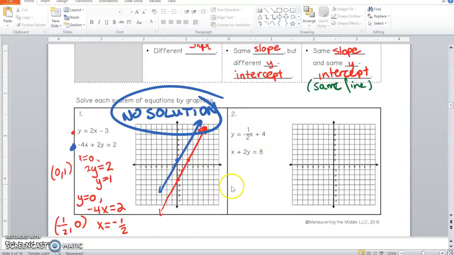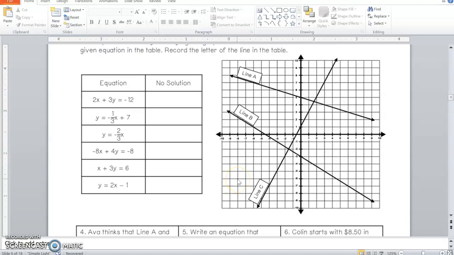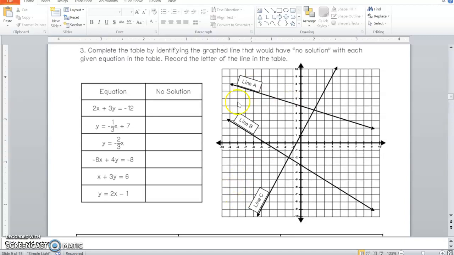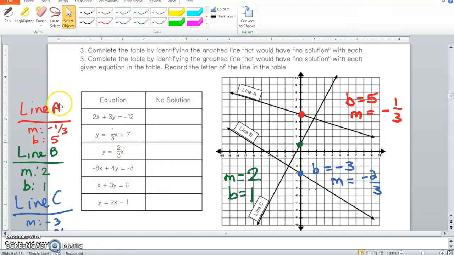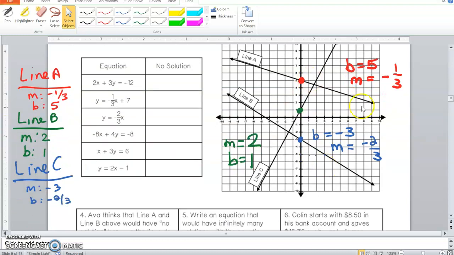Okay, so hopefully you were able to come up with the slopes and the y-intercepts for lines A, B, and C here. So I went ahead and done my best to clean it up here for you. I wrote it on the side as well as on the graph itself. And now I need to know which of these matches up that would have no solution.